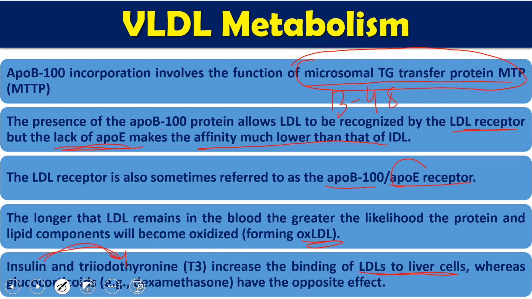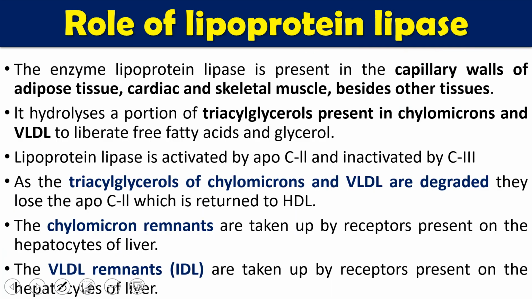Whereas some other hormones like glucocorticoids, which are antagonistic to insulin, have the opposite effect. They increase the chances of oxidized LDL because they cause LDL to remain in the circulation. So insulin and T3 decrease the chances of cardiovascular diseases, whereas glucocorticoids increase the chances of cardiovascular disease.